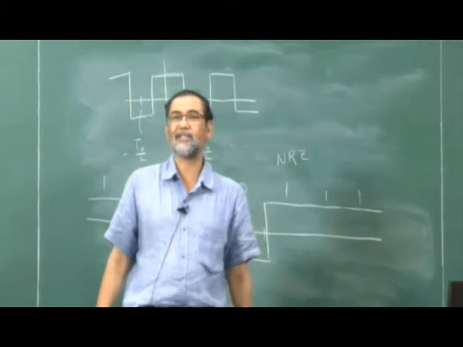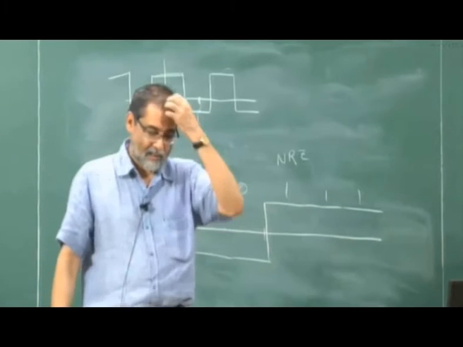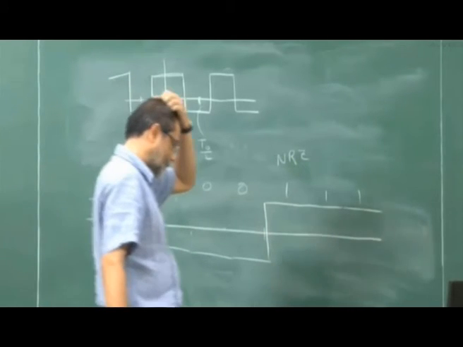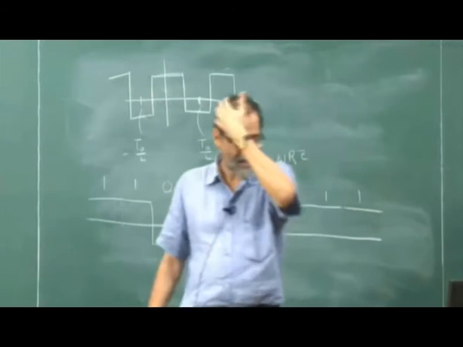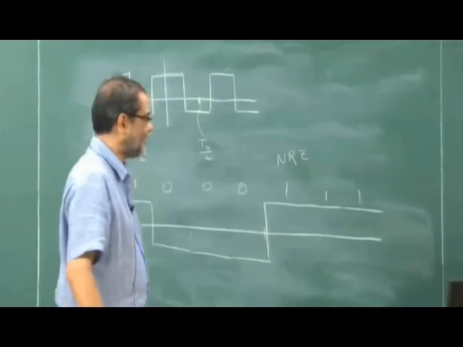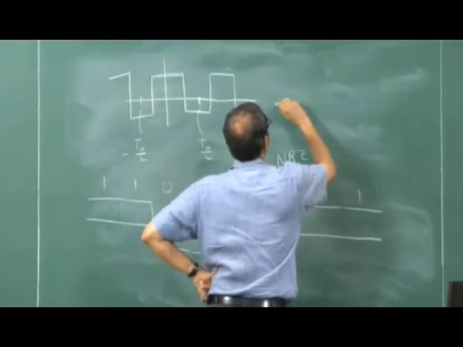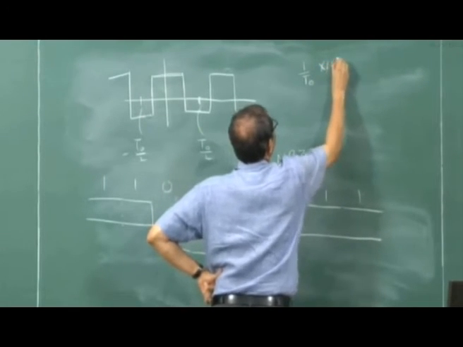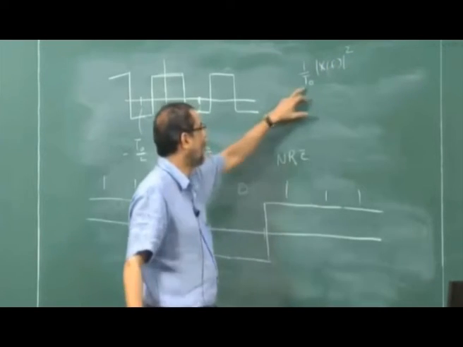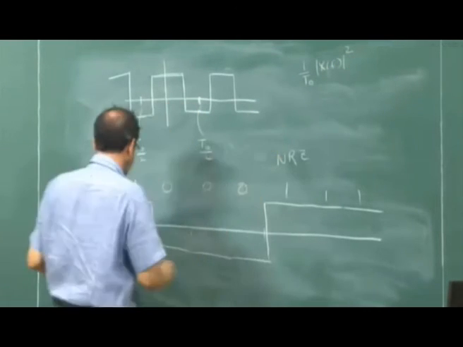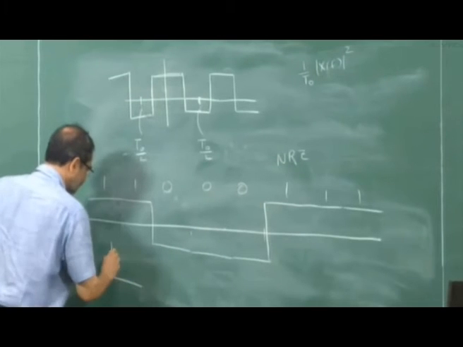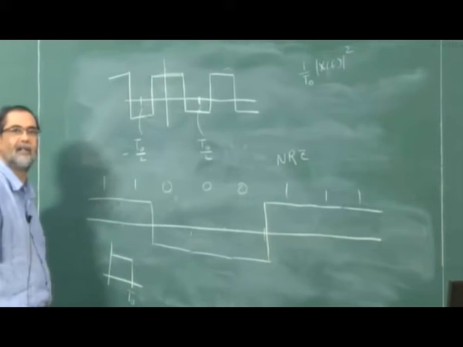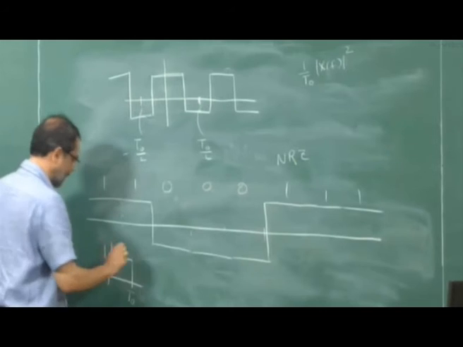That's required for the spectrum, and the complicated arguments finally say that it is something like 1 by T naught times the magnitude square of X of f, where T naught is the bit period and X of f is the Fourier transform of the signal shape used. In this case, the signal shape used is a rectangular pulse that is on for T naught seconds, and its height is equal to 1.